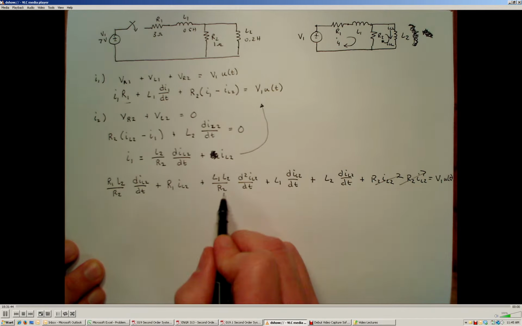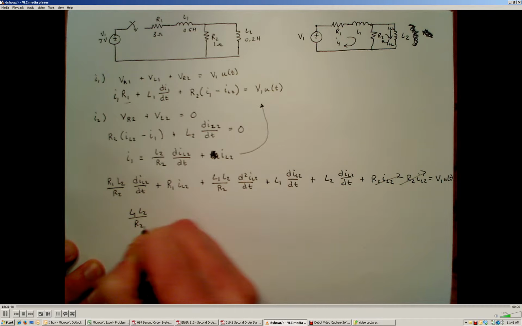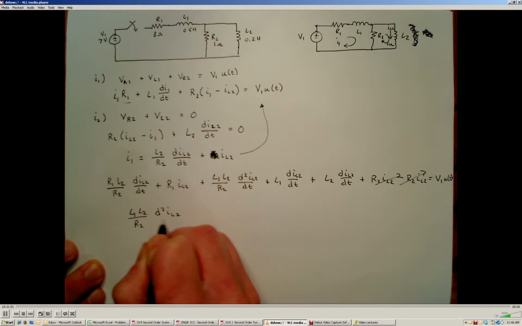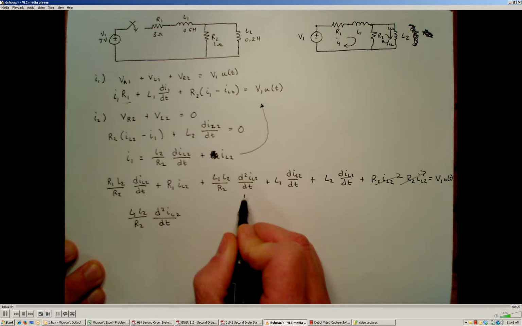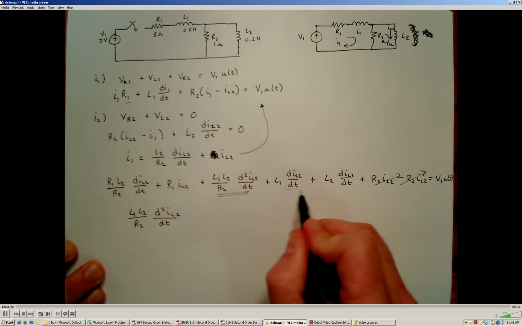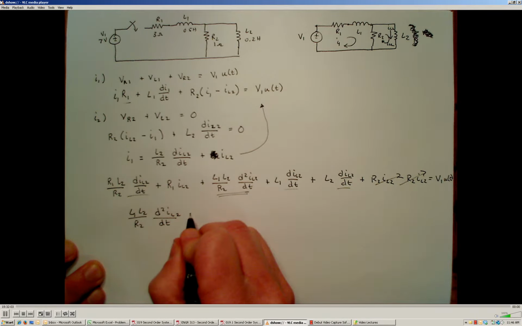So I have my second order derivative here, which is L1 L2 over R2 times the second derivative of current through inductor 2 with respect to time. That was my second order. My first order derivatives are all right here, so I can add those up.